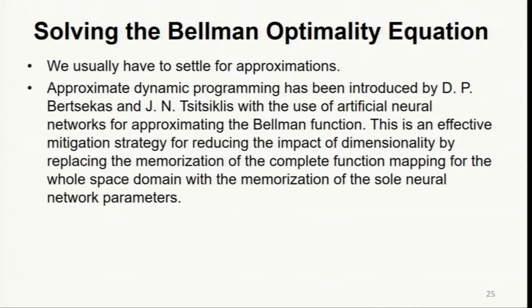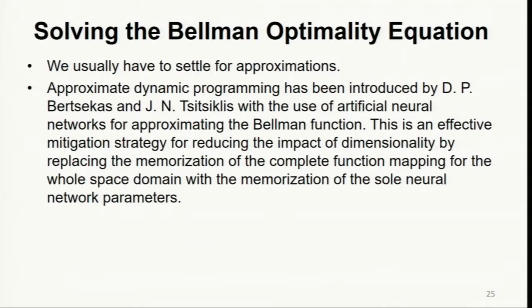If you want to know more about approximate ADP, approximate dynamic programming, you can read the book on using an artificial intelligence neural network to approximate the Bellman equation. Pretty much, that is what AlphaGo does. AlphaGo uses a neural network to approximate the V function and the Q function.